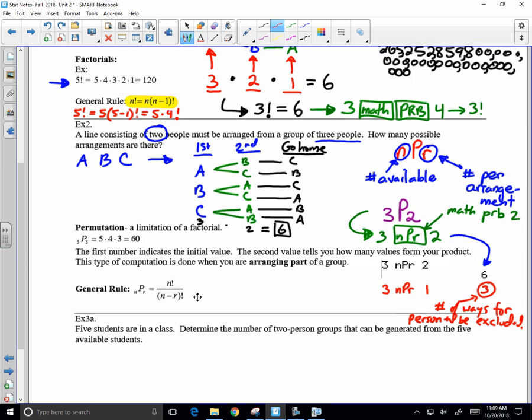So it's a subset of the full-blown factorial, because visually, it's right here. The whole thing would be a factorial, but I only want that part. If you don't want to go all the way down to 1 when you're doing your calculations, then odds are you're looking at a permutation.